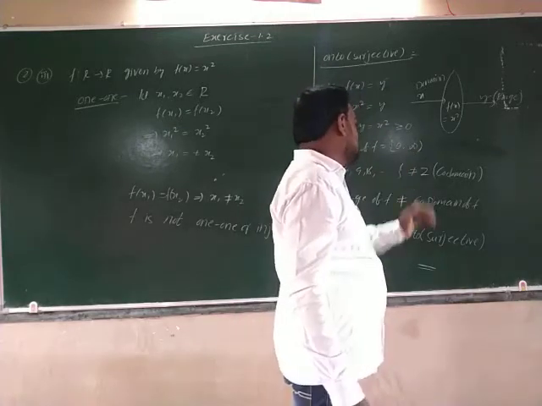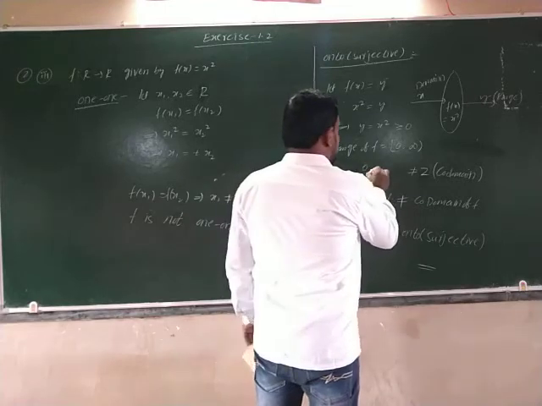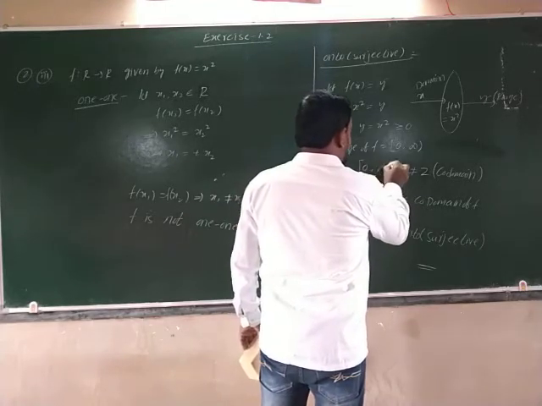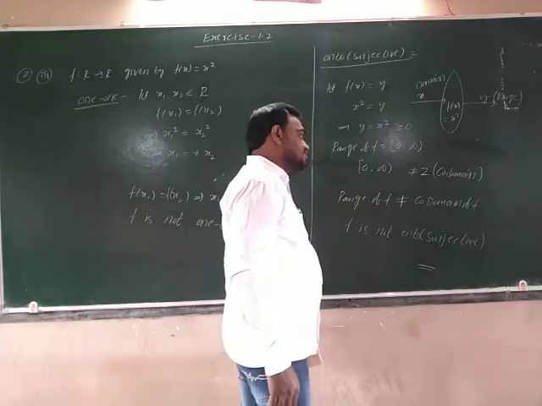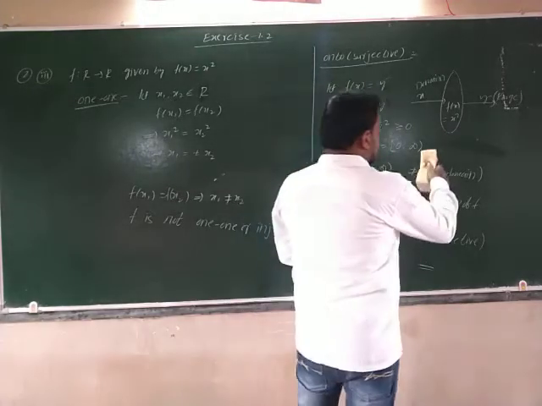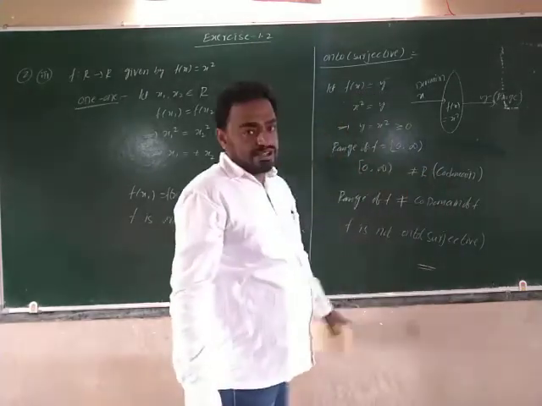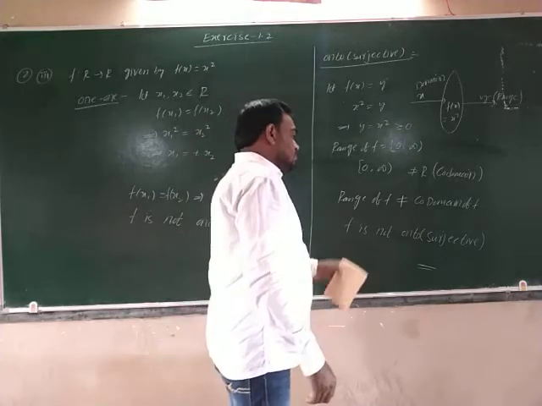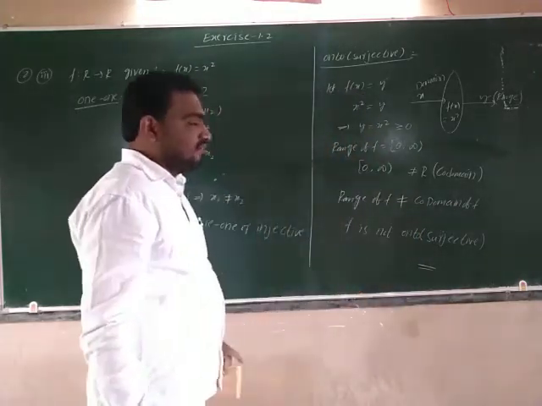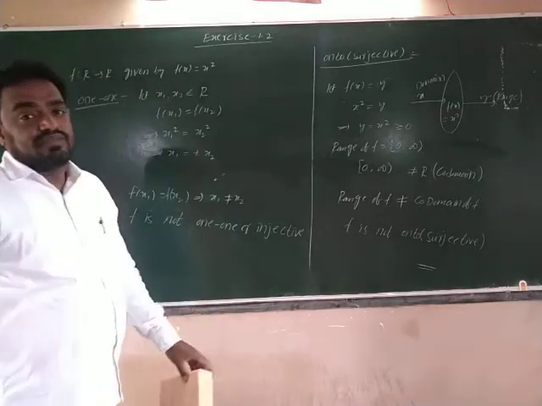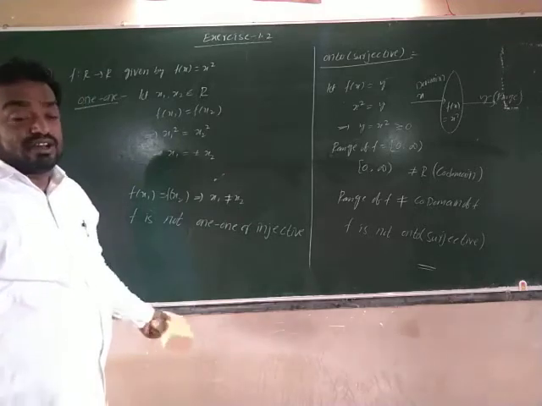So the range is the interval [0, infinity), left closed, right open. This is not equal to the real numbers R, it is R plus, the non-negative reals. So the range of f is not equal to the codomain of f. f is not onto. That means in this case also the given function f is neither injective nor surjective, that is the answer.